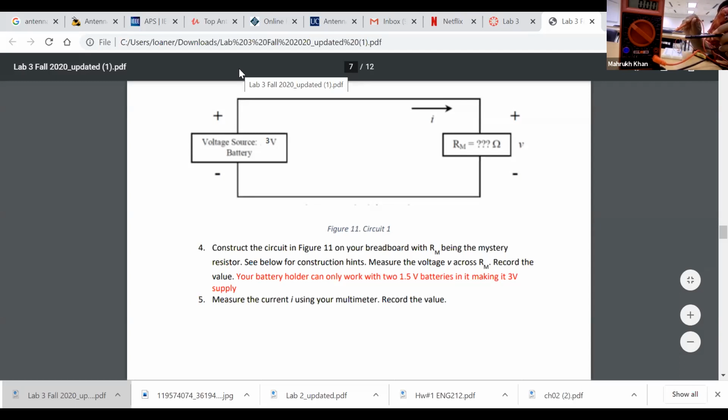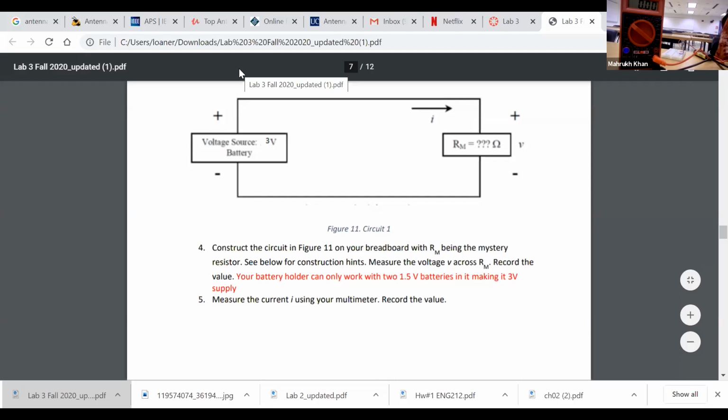Positive should be going towards the positive side and negative should be going to the negative side. So I'm measuring, and you take the maximum value because my hand is moving. So this 2.95 is my maximum value I'm getting, okay? So 2.95 is the value that I'm getting across the resistor.